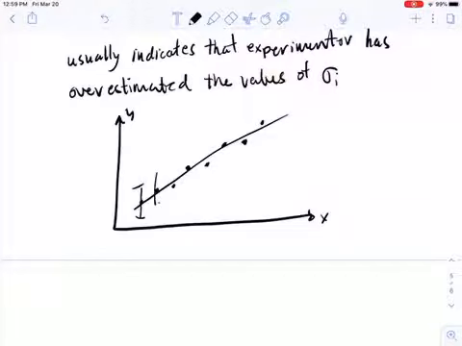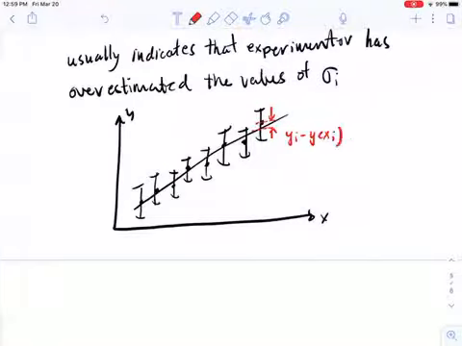But then someone's made error bar estimates like this. So that if you compare the deviation of the data, so this would be like yi minus y of xi, those deviations are really small compared to sigma i.